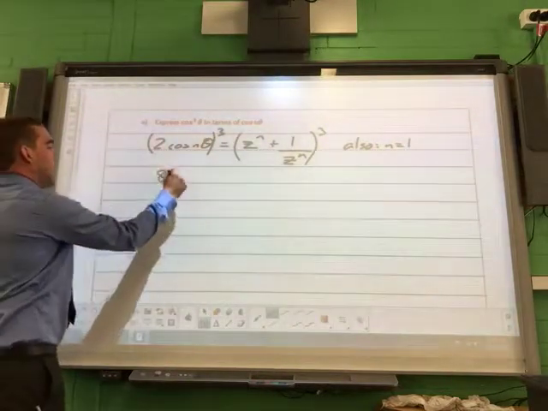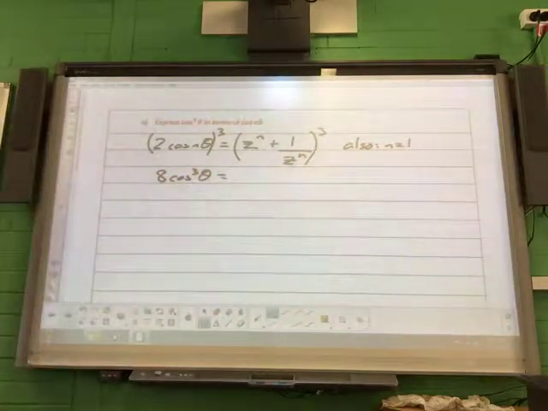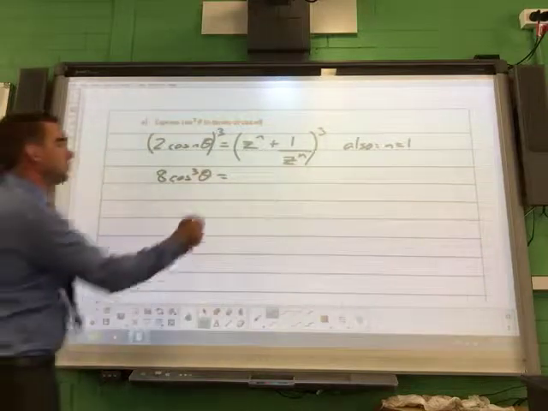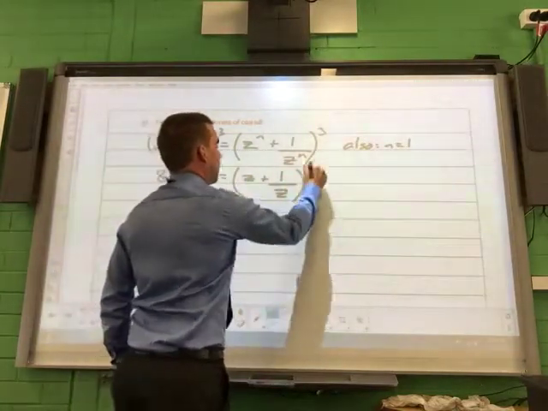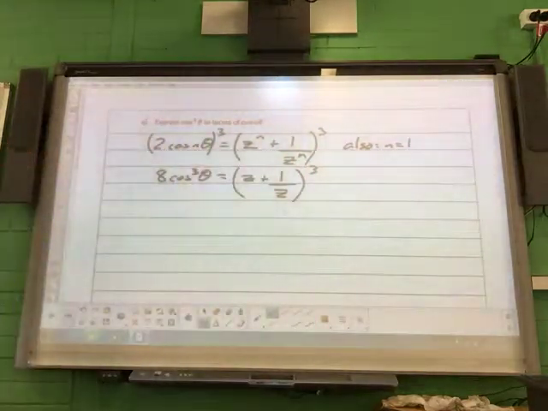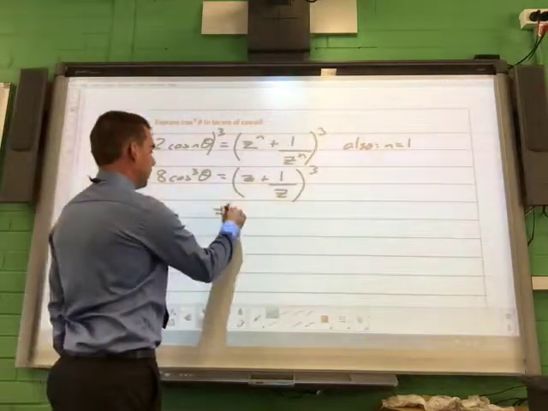So this becomes 8 cos cubed theta. It's equal to z plus 1 on z to the power 3, so just removing the n's there. And again, we've got a cubic expansion we know how to do now.